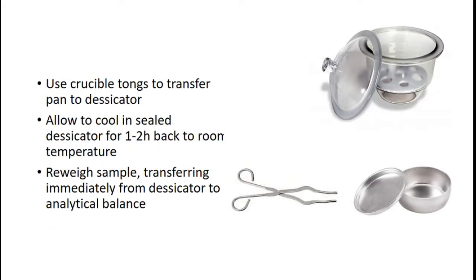Then we're going to take crucible tongs and transfer the pan out to the desiccator. There's a reason that we're using tongs to do this transfer. We don't want to be doing it with our bare fingers in particular, because the fingerprint oils and moisture from our fingertips can add to the weight of the pan.